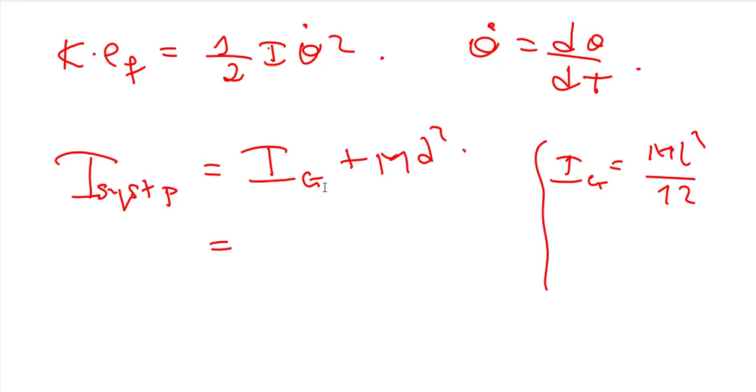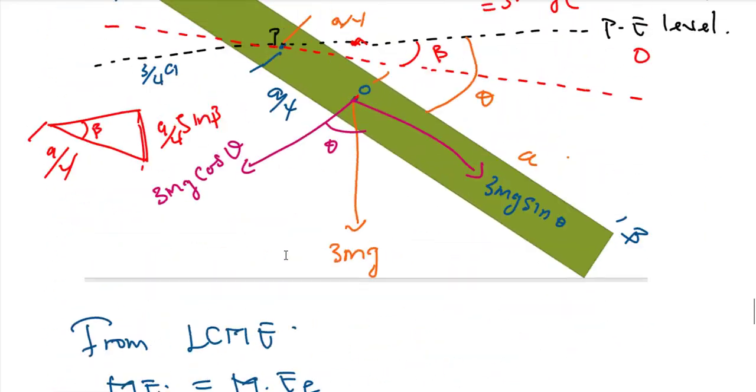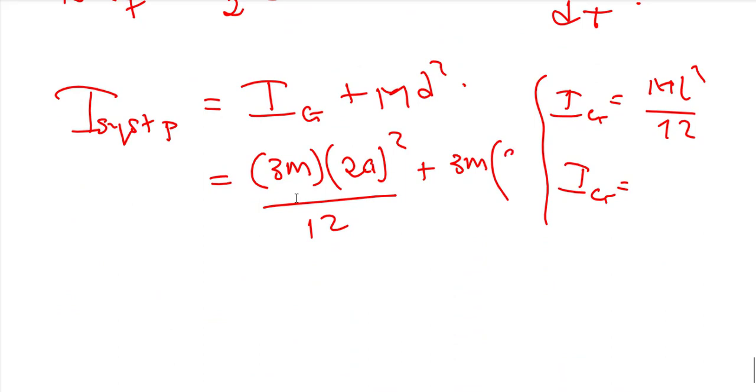Now in our case, the mass of our rod is 3m. So we have 3m times the length of our rod, 2a, all of that squared, divided by 12, plus Md squared. So that will be 3m times the distance from our centroid to P, which is a on 4. So that will be a divided by 4, all of that squared.